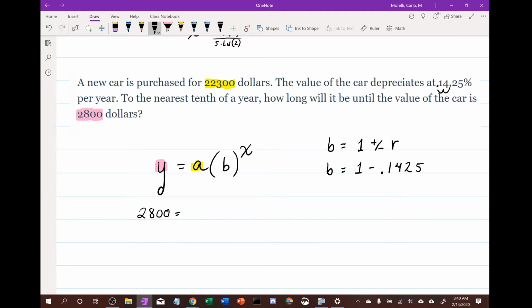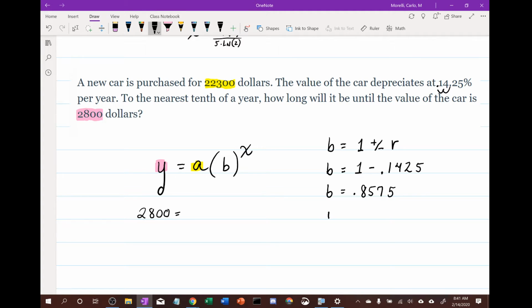So can someone do that in their calculator? 1 minus 0.1425. 0.8575. All right. So B equals 0.8575.